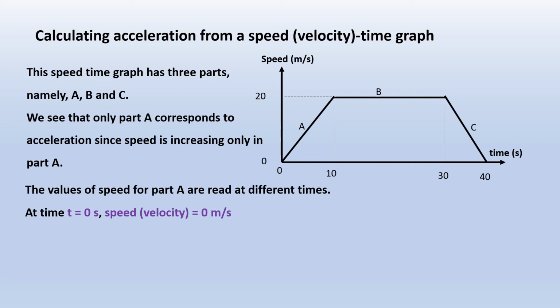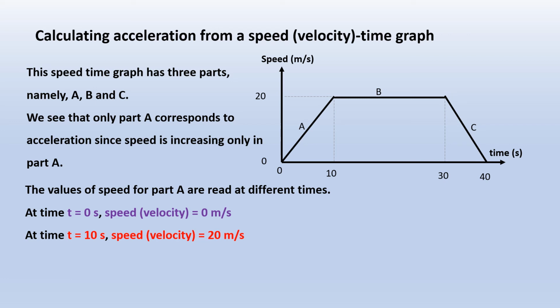At time t equals 0 seconds, speed is equal to 0 meters per second. At time t equals 10 seconds, speed is equal to 20 meters per second.